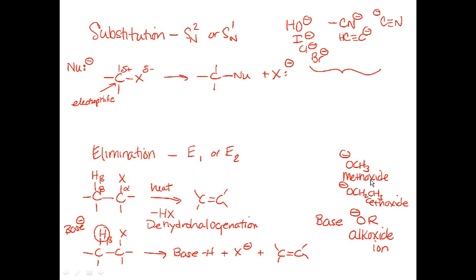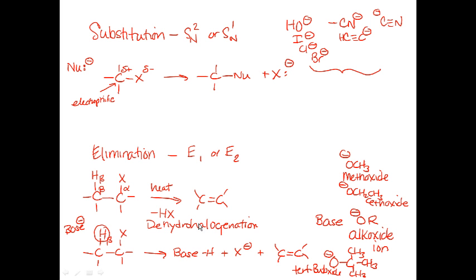The kinds of bases that we'll use for this elimination, the one that we'll use the most, is this one. And when we get to this in a few days, this is what's called tertiary butoxide, because this is the deprotonated form of tertiary butyl alcohol.